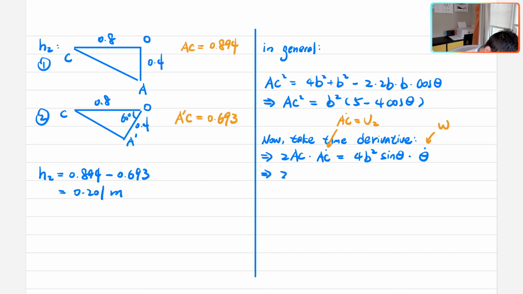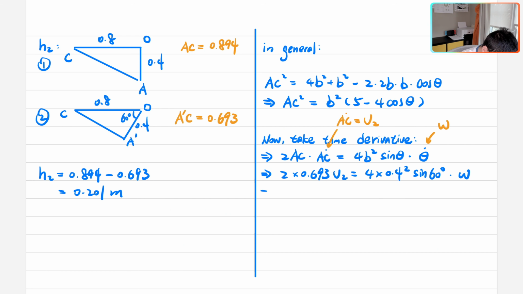So we have 2 times 0.693 V2 equals 4 times 0.4 squared sine 60 degrees omega. Right? We just need what's happening when theta equals 60.